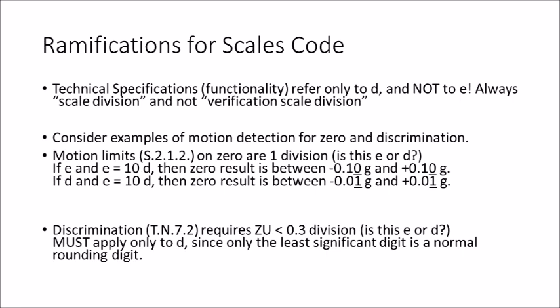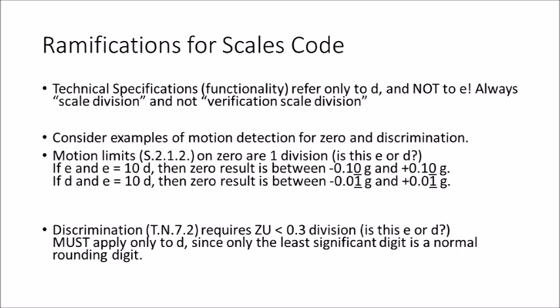If it's E and you capture 0 while it's in motion, when it stabilizes, you may get a 0 anywhere between minus 0.1 and plus 0.1 gram, or essentially plus or minus 1 E. Not very good when you're trying to zero it out to a tenth of an E. If you understand that this applies to D, then the result is going to be between minus 0.01 and plus 0.01. We've got 0 where it belongs.